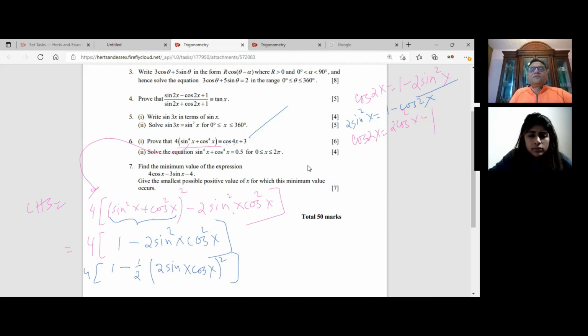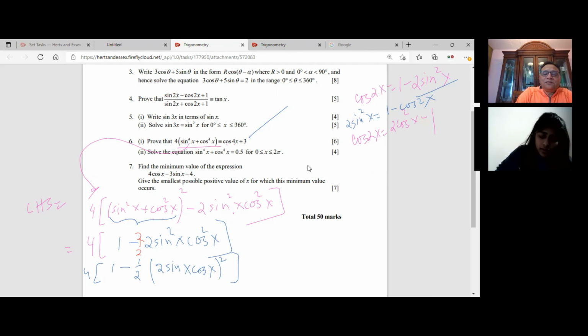So 4 divided by half will be 2. Basically what I did was I divided by 2 and multiplied by 2. So half I took outside, 2 times 2 I put in the square. That makes sense. So we got the square of sine 2x.